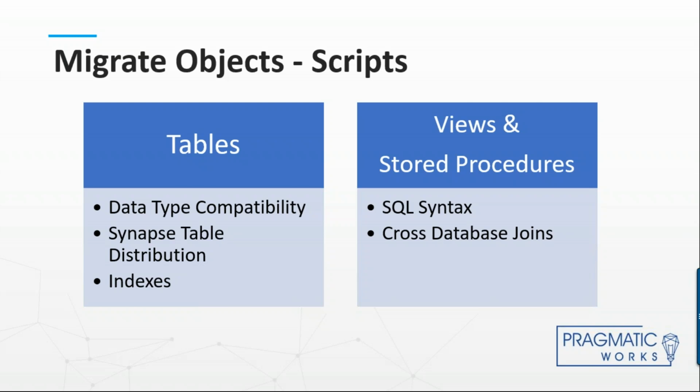A couple of the biggest things to keep in mind as we're migrating tables: if we're scripting out a DDL from our source system, regardless of what platform it is, we'll have to keep in mind some occasional data type compatibility challenges. And when you're scripting out the tables from your DDL and recreating those in SQL, we'll have to make sure that we're modifying those scripts to use SQL Server data types.